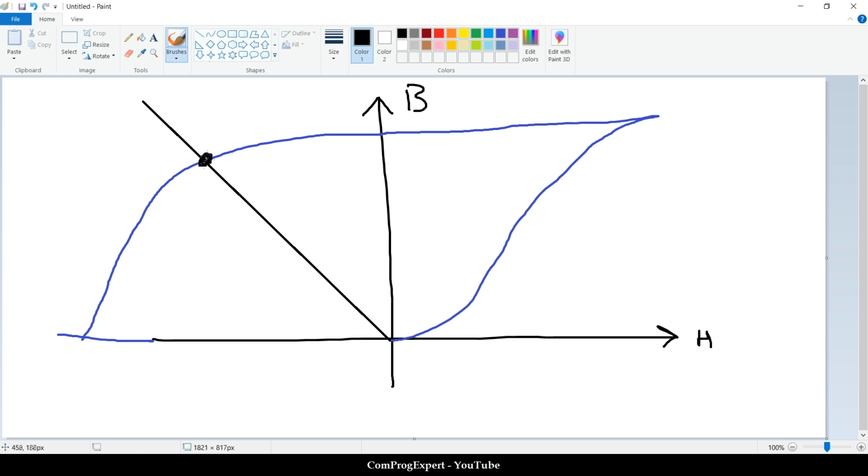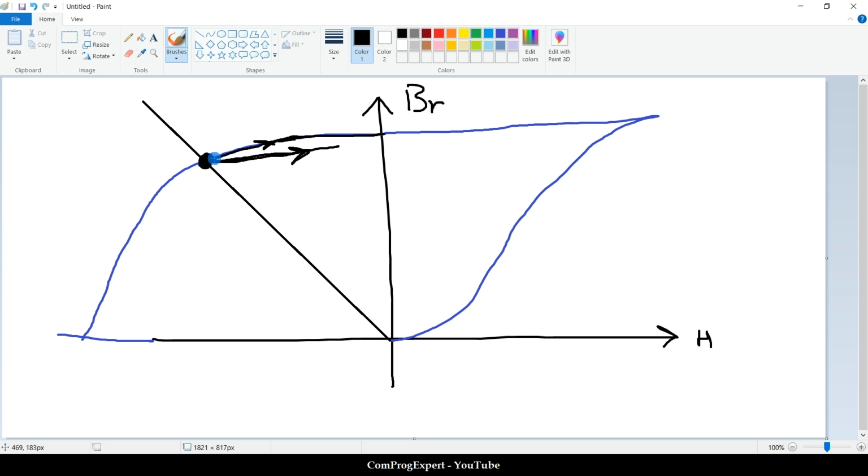Again, if we reinsert the iron keeper, this will be the return path. Yes. So this is the recoil line. And we do not necessarily move in this direction. If we move in this direction, this is good because again we get this remanence flux.